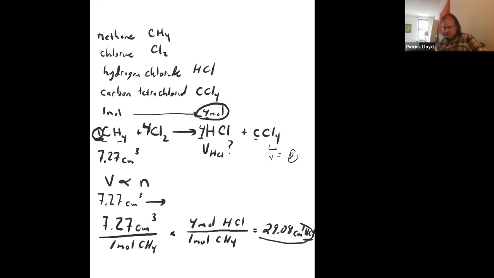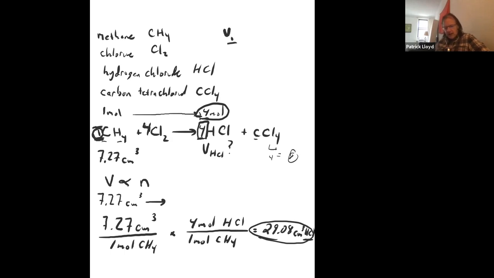All right? So the idea here then is that you can use the coefficients 1 and 4 as the number of moles of the substance that you have here. Okay? It's a 4-to-1 ratio, so you're going to have 4 times as many moles in HCl as you would have for the CH4. Okay? So if that's true, actually let me do it this way.